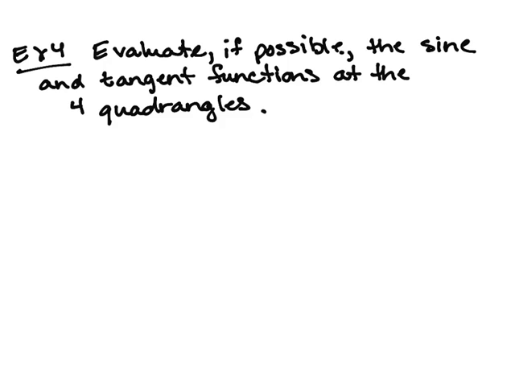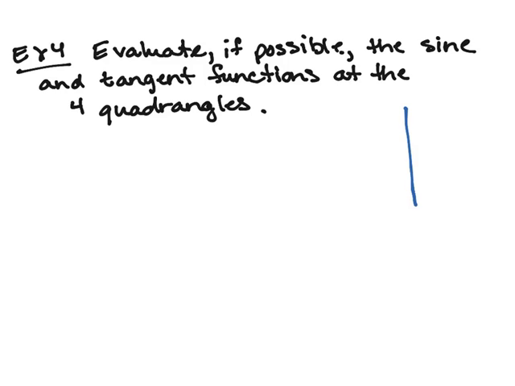Okay, evaluate if possible the sine and tangent functions at the quadrantal angles. You've already been doing this off of your unit circle. Okay, if we're at the quadrantal angles, we've already talked about this, that's where the axes divide the xy plane into its quadrants.